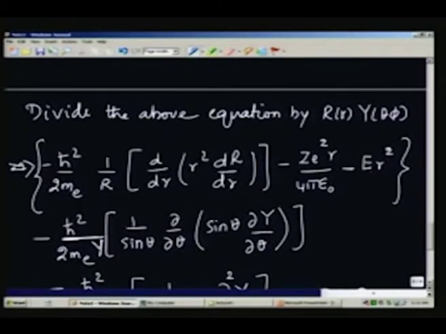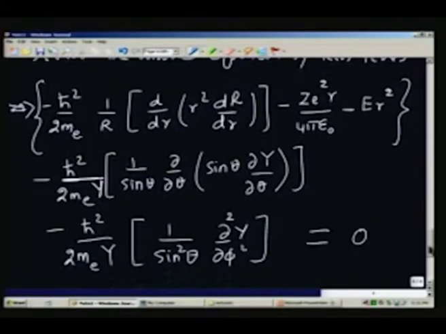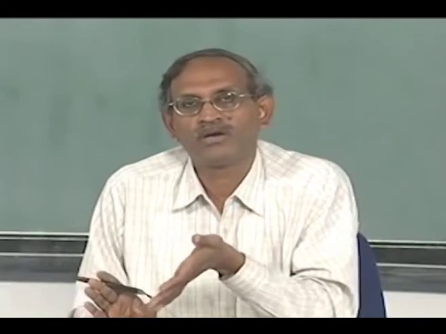Okay. So now you have an equation which, if you look at it carefully, has a term which depends only on r and has two terms which depend only on theta and phi, and remember that r, theta, phi are independent coordinates. Therefore you see that this equation has separated the terms according to r dependent terms only and theta phi dependent terms only.